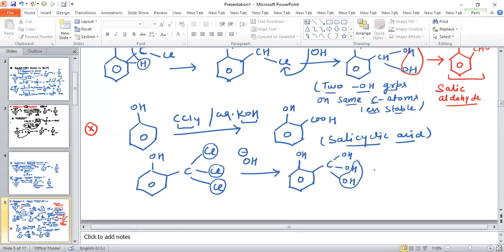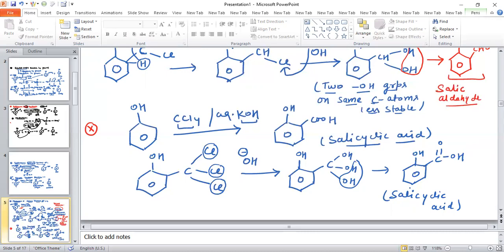So now when water is removed, it will form a product like OH, and this is C double bond O and OH. What is the name of this compound? This is salicylic acid. So this is obtained as a major product, salicylic acid.